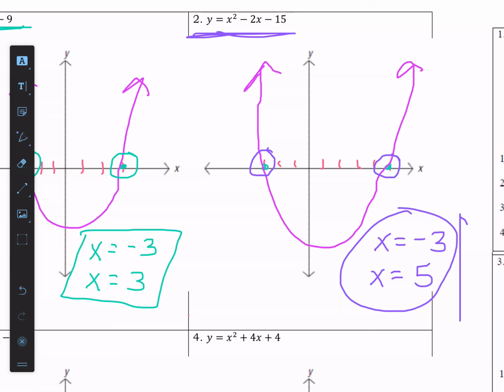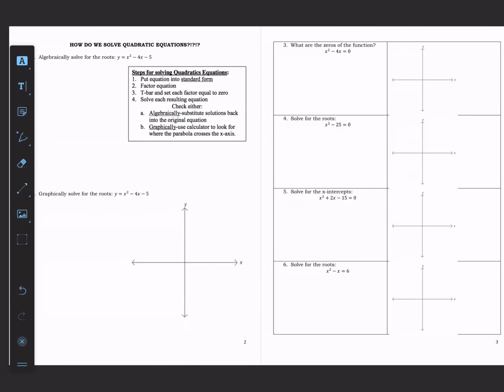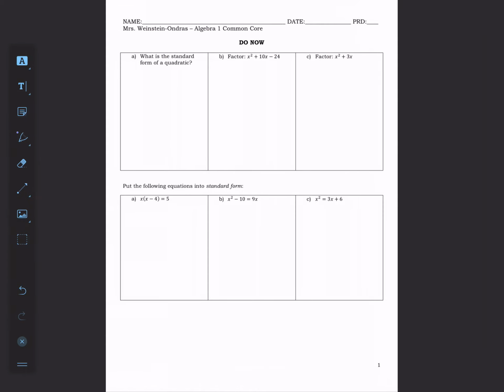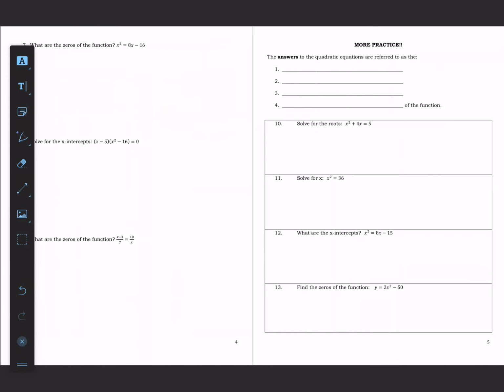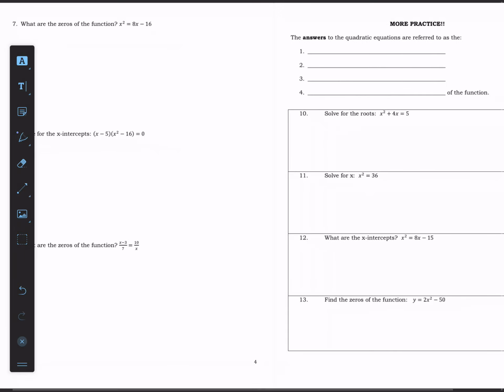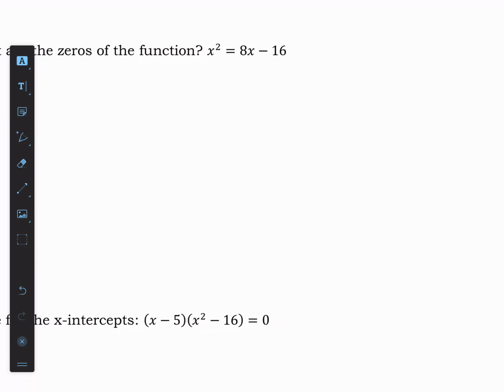Now, I just want to mention one thing, though, because I did give you 2 different lessons on this. So in the second lesson, it's more of just really the same thing. The only thing I want to point out, let me just get to an example on this page. Okay, so let's look at number 7, that is on page 4 of the day 3 packet that I had given you guys.